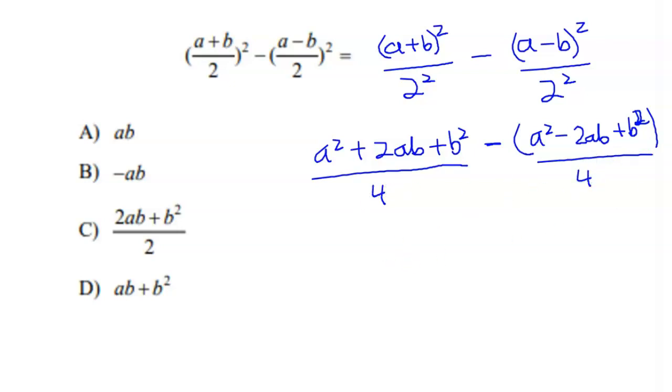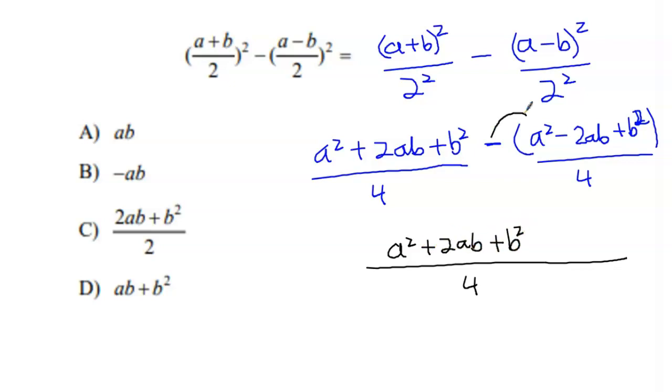So all of them are over 4. And then you write your a squared plus 2AB plus b squared, minus a squared plus 2AB minus b squared. So it looks similar to the previous example.